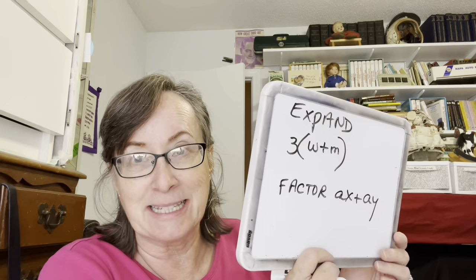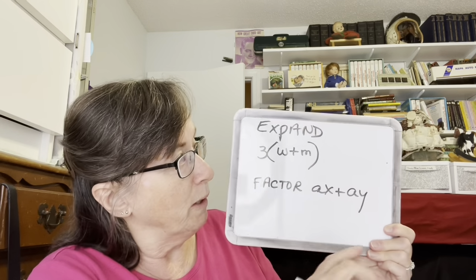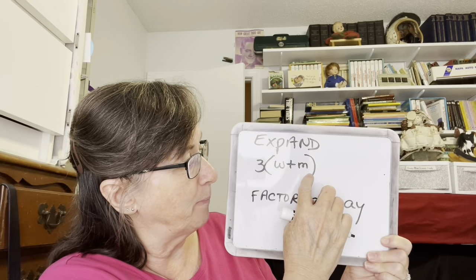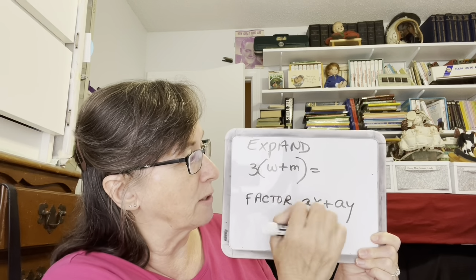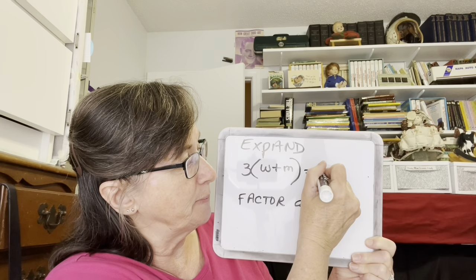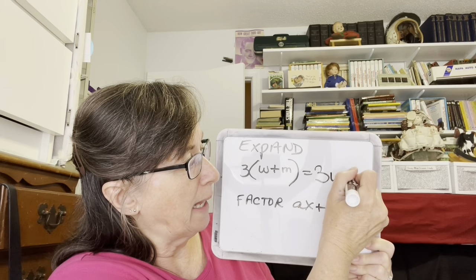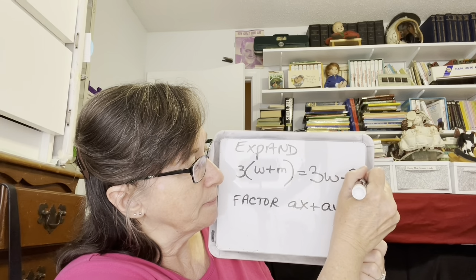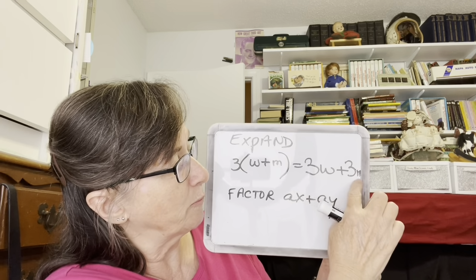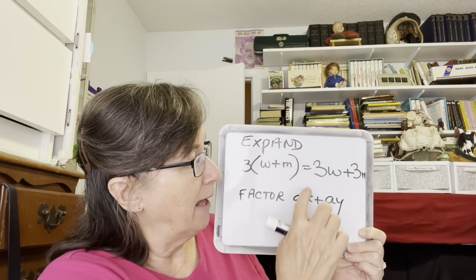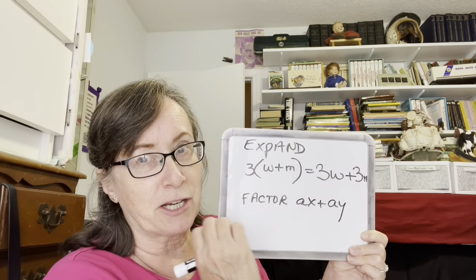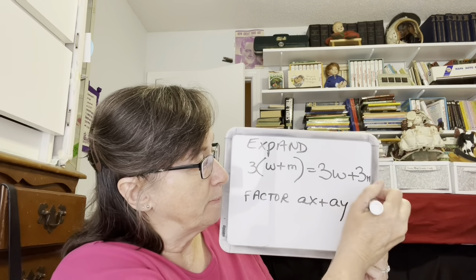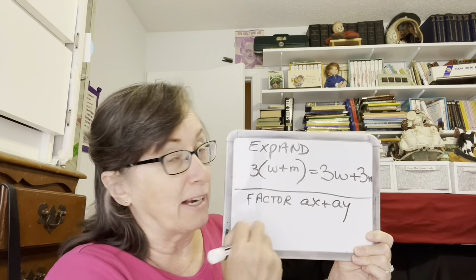Okay, so this is example 1. We're going to expand 3 times W plus M. Okay, so it's going to be 3 times W plus 3 times M. I lost room for my M, but now can you see that if I wanted to factor this expression, I would say what common factor do they have?